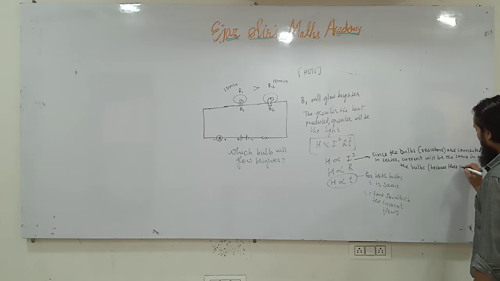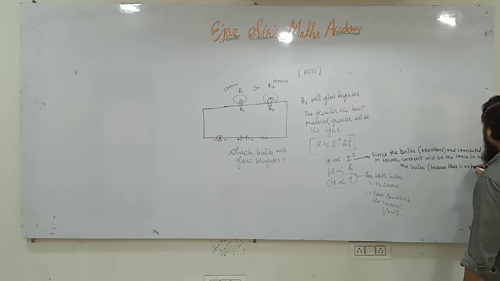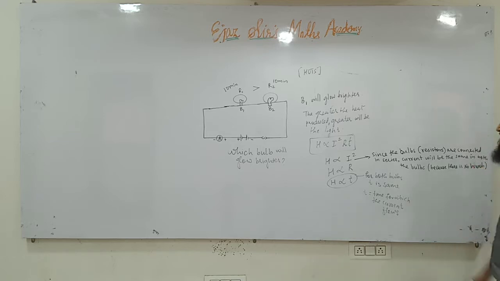Because there is no other branch. That's why current will be the same in both the bulbs.